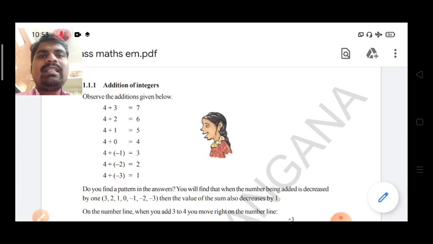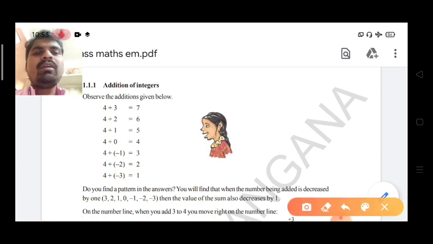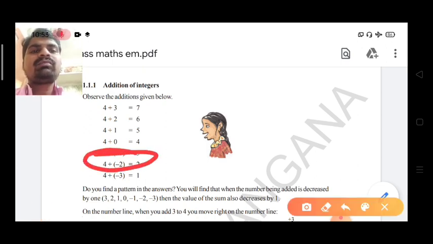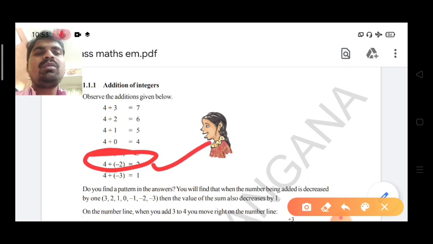Plus into minus, minus. Minus into plus, minus. Minus into minus, plus. Both are plus, the result is plus. Both are minus, the result is plus. Remaining plus minus, minus plus is minus. So very simple. Here you observe this problem, 4 plus of minus 2, plus 4 minus 2, plus minus, so subtraction, 4 minus 2 is 2, like that.